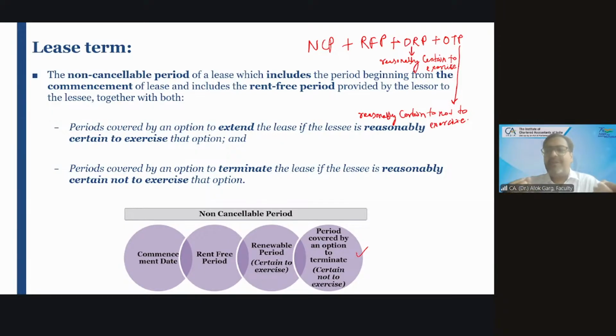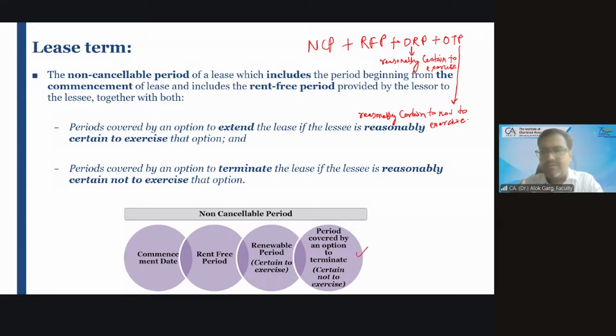In the rent-free period, rent is free. Yes, no rent. But even in case of a rent-free period, whether that premises is available to the lessee or not? Yes, it is available, which means the commencement date has started. So from the commencement date, the first 6 months is a rent-free period.